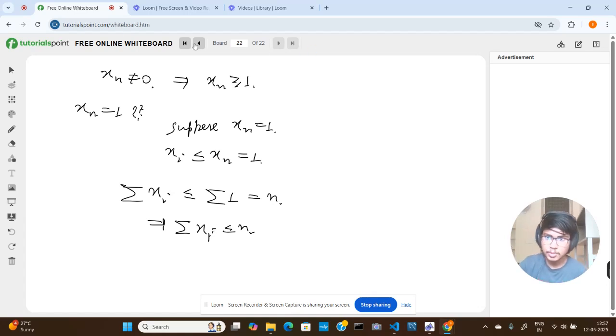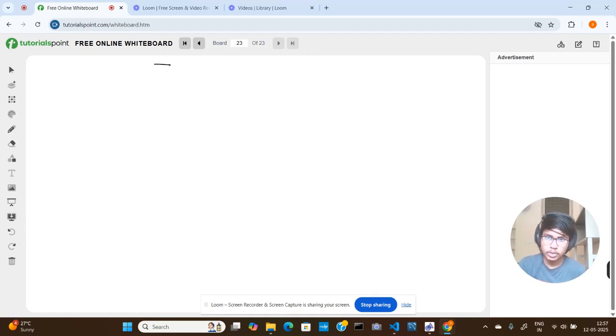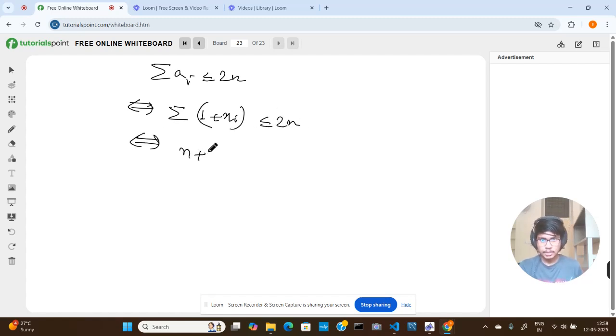And remember, what do we want to show? We want to show summation ai is less than or equal to 2n, which is true if and only if summation of 1 plus xi is less than or equal to 2n, which is true if and only if n plus summation xi is less than or equal to 2n, which is true if and only if summation xi is less than or equal to n.